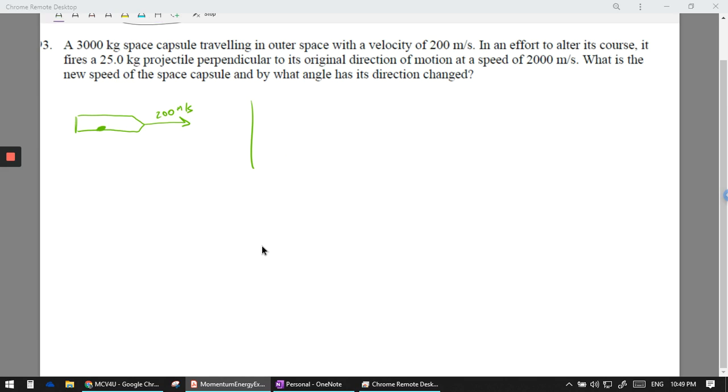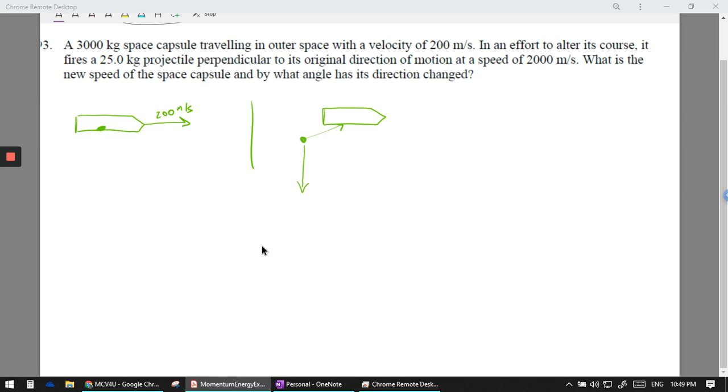My space capsule is going to continue forward and have a velocity that's moved up like that, whereas this guy has a velocity like that. Now, the way that I read this question is, does the little projectile also keep its forward velocity?